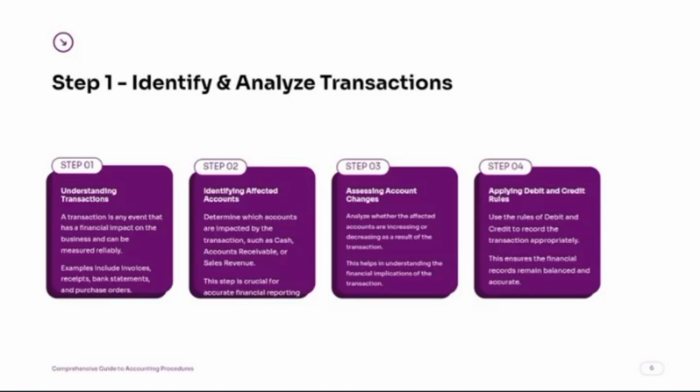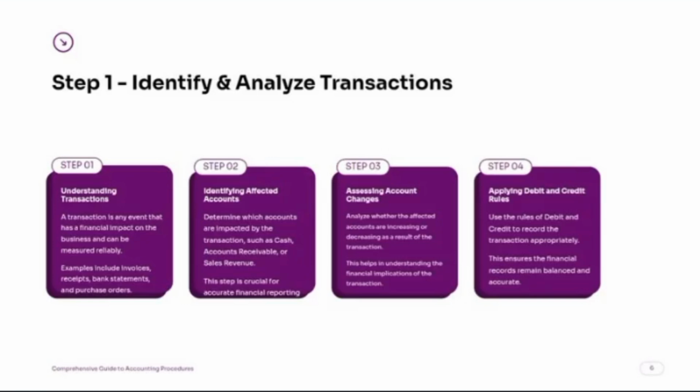We now discuss step 1, identifying and analyzing transactions. This means we look for every event that involves money, like purchasing goods, receiving payments, paying salaries, etc. We don't just record everything. We first analyze: is it a business related transaction, and can it be measured in money?